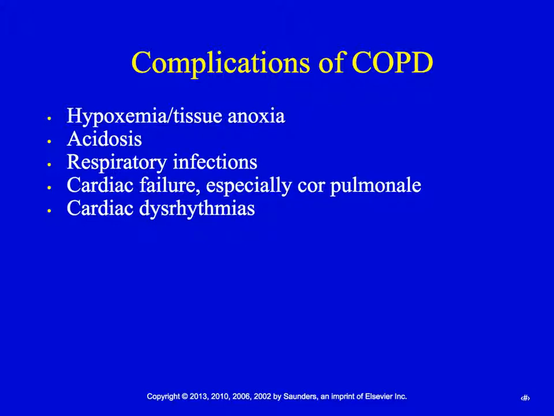And when the lungs have less elasticity and become a little less compliant, the right ventricle has to work harder in order to get the blood to the lungs to be oxygenated. So this extra workload on the heart can cause right-sided heart failure. Cardiac dysrhythmias are typically related to the hypoxia. The decrease in the oxygen to the heart muscle can lead to cardiac dysrhythmias and other cardiac disorders.